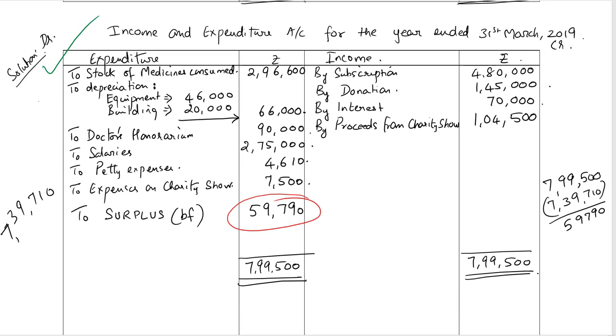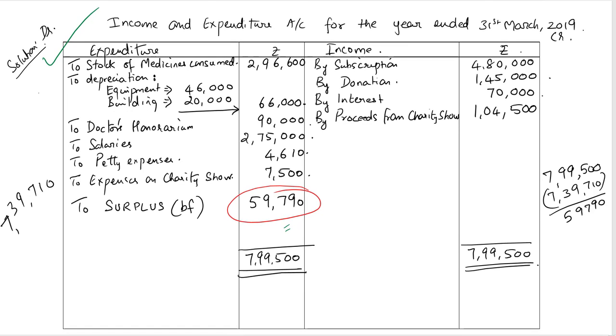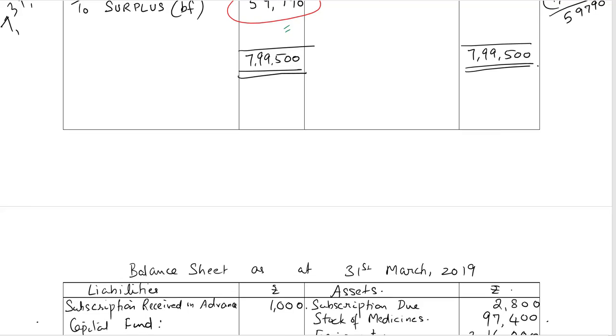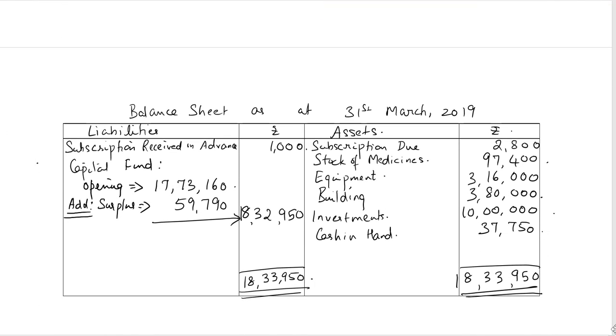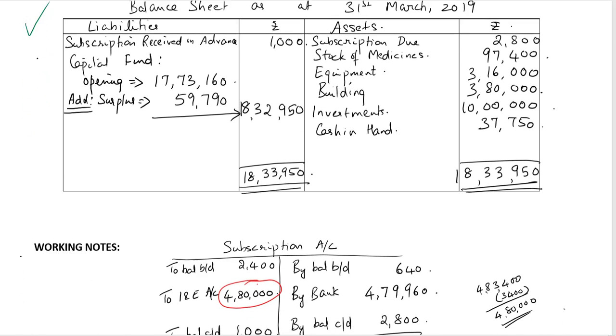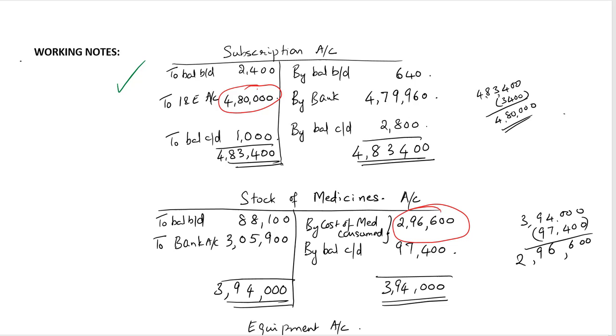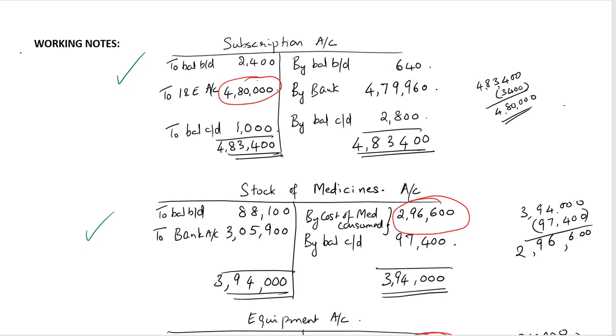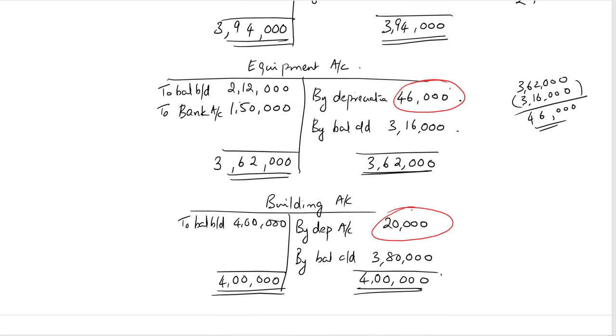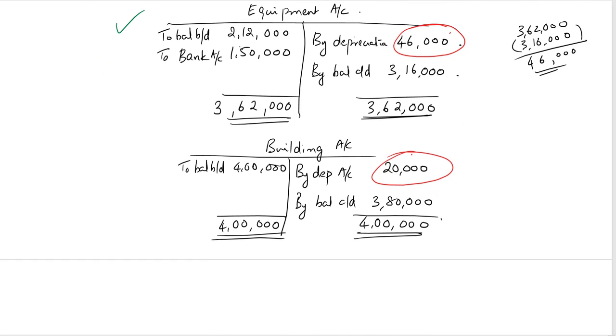This is the income and expenditure account where we got the surplus as 59,790 rupees. And the closing balance sheet where the asset side tallied with the liability side with 18,33,950 rupees. These are the working notes. This is the subscription account, the stock of medicines account, followed by the equipment account and the building account.